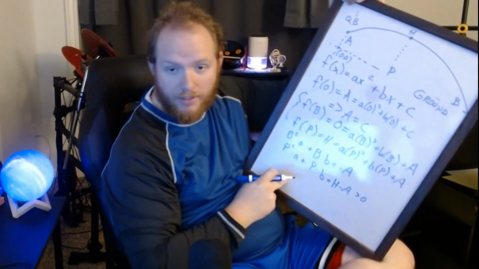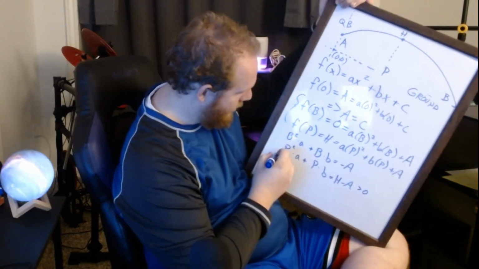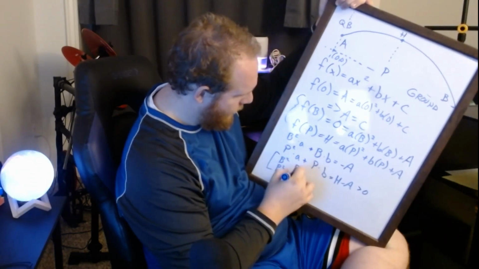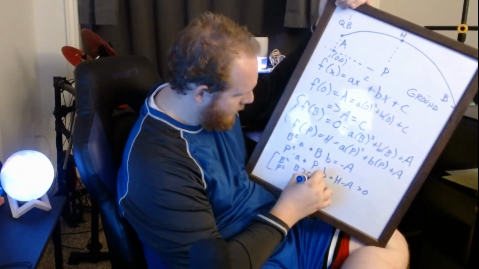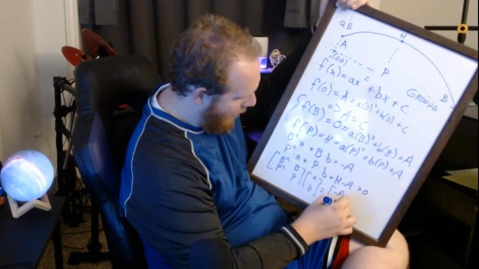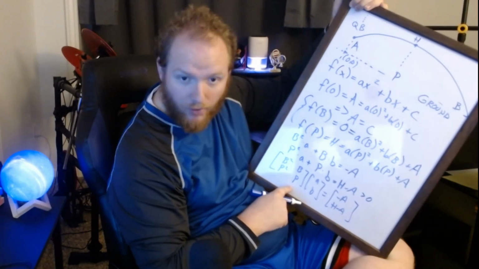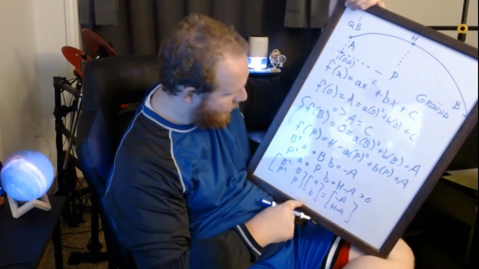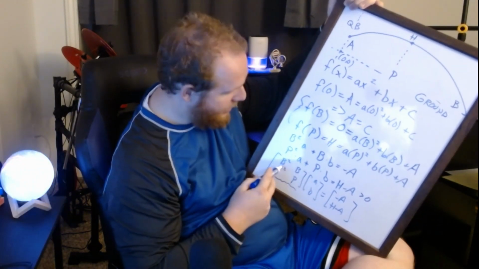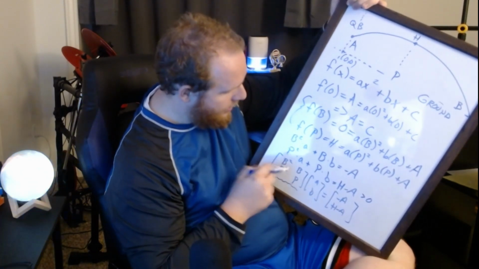Well, now if we want to get really fancy, what we can do is introduce the matrix form of that. Because it's in matrix form, to solve for little a and little b, I just have to check if this matrix right here, B squared, B, P squared, P, has a determinant.